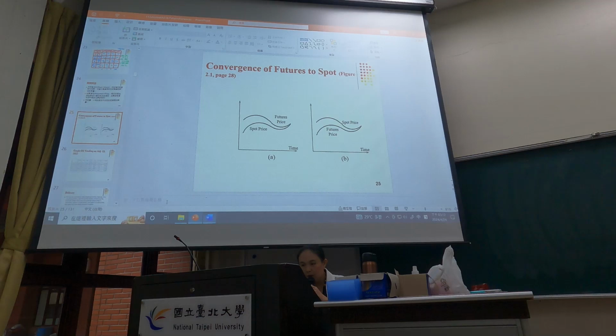So, the convergence of forward to futures. We know the basic forward and futures pricing model already, right? F0 equals S0 e^(rT), that's for the continuous form. Alternatively, F0 equals S0 (1 + r)^T. So you can imagine that if you save $100 in a bank, after 1 year you will get $100 plus the interest, right?